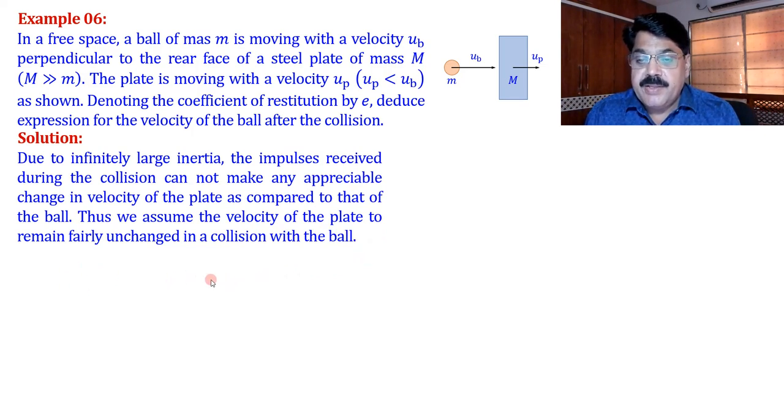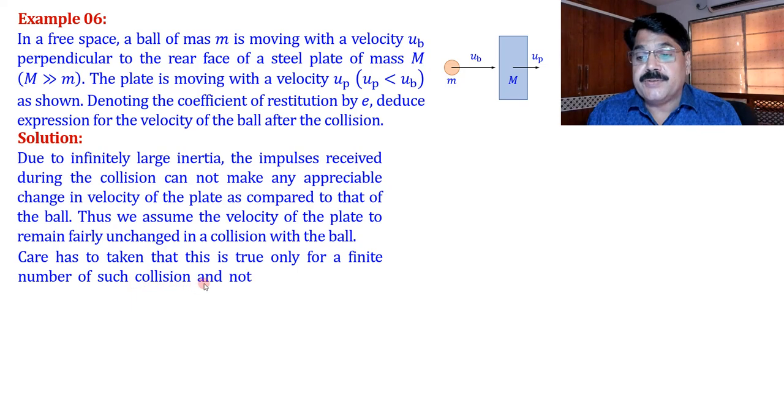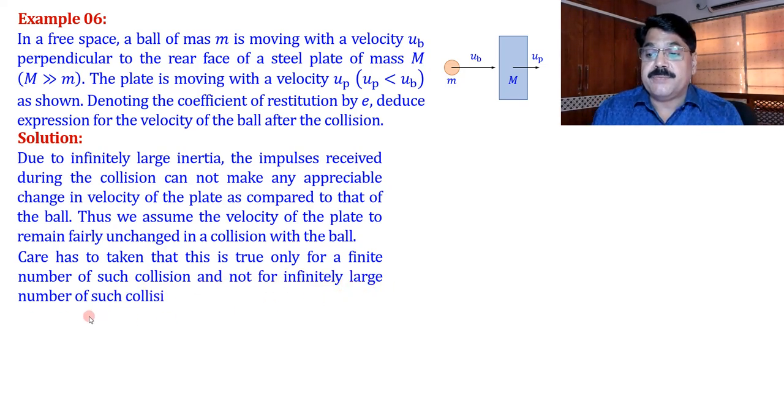Now care has to be taken that this is true only for a finite number of such collisions and not for an infinitely large number of collisions. Actually, there is a negligible change in velocity of the plate. You can assume that the change is vanishingly small during a collision.